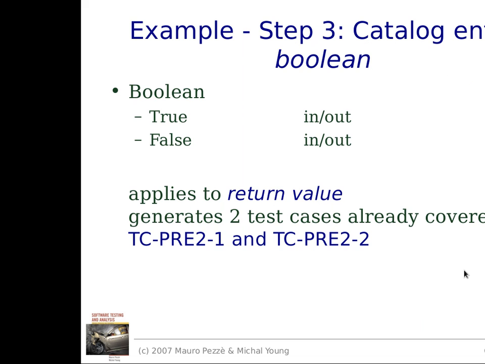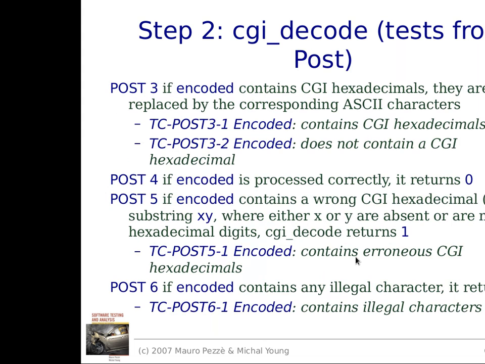But let's just dissect Boolean for now, because that's going to be the simplest one. Boolean in out for both true and false can be a return value, so it generates two test cases covered by precondition 2.1 and 2.2. Notice that those we're talking about back here, I don't think I made that clear, these are actually test cases that you would come up with. So these are the test case post 3-1, test case post 3-2.